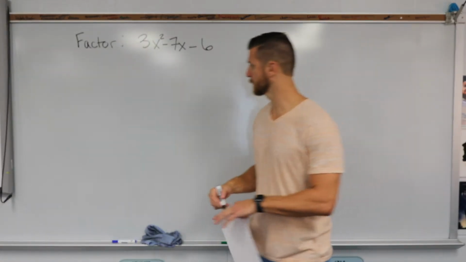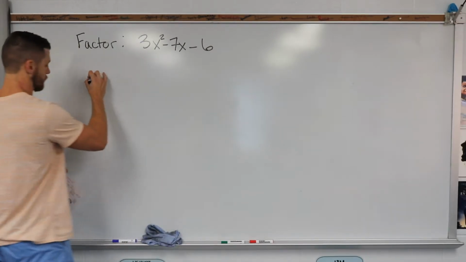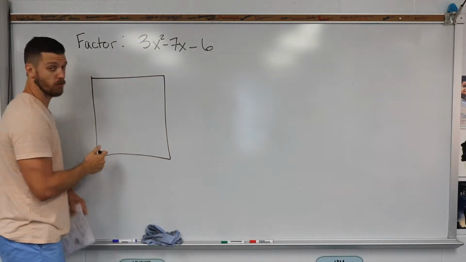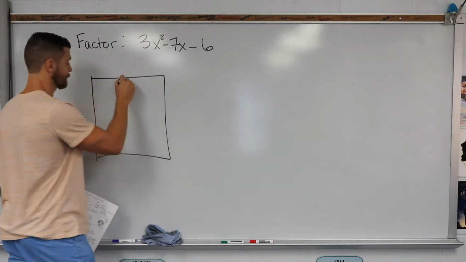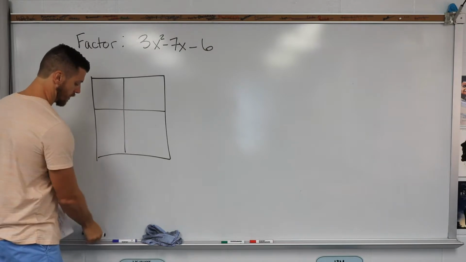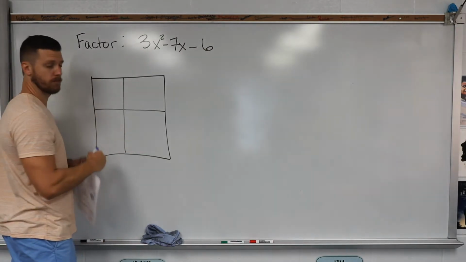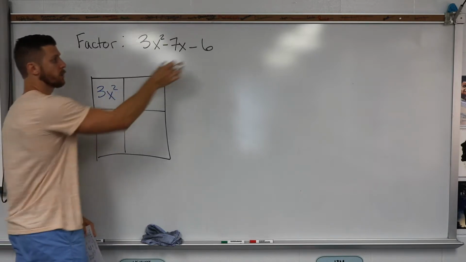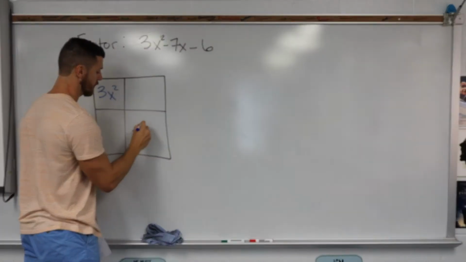Let's do the box first. It's a quadratic, so it's 2 by 2. You always put the first term in this box. You put the last term with its sign here.